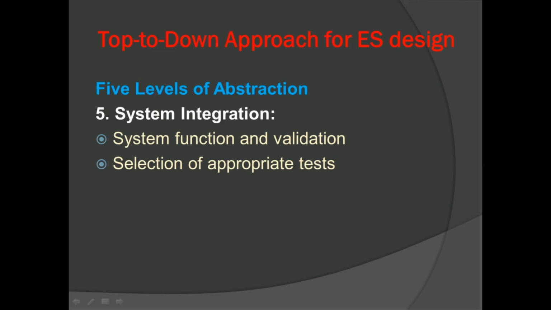So a developed system should be integrated, and then its functions should be validated for the given metrics, right? To validate the system, we need to select a proper test so that our system is validated for the given metrics. So these are the five stages or five levels of abstraction used for the design of an embedded system.